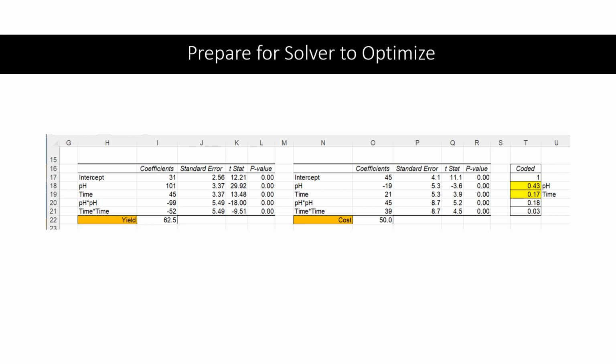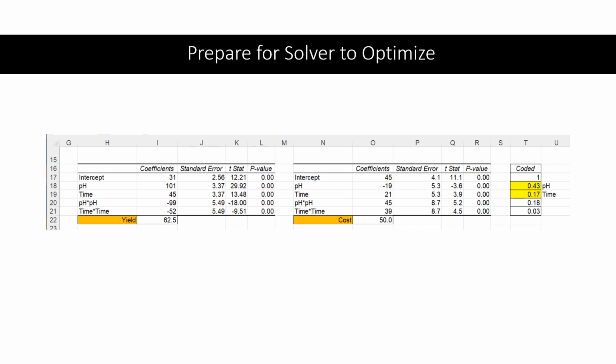We prepare for Solver to optimize. We will ask Solver to place the pH and time values we are looking for in yellow cells T18 and T19. In T17 we put the value 1 which will multiply with intercept to leave it as it is. In T20 we put the formula T18 times T18 to calculate pH squared.